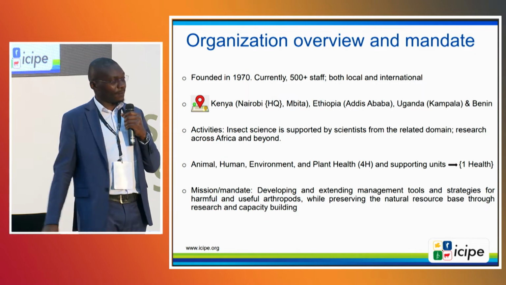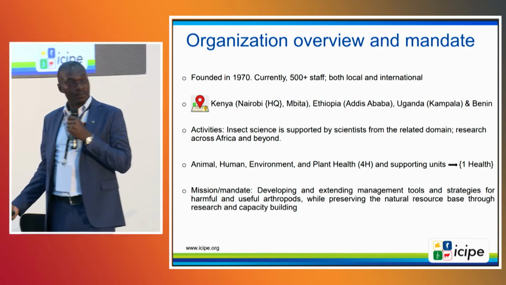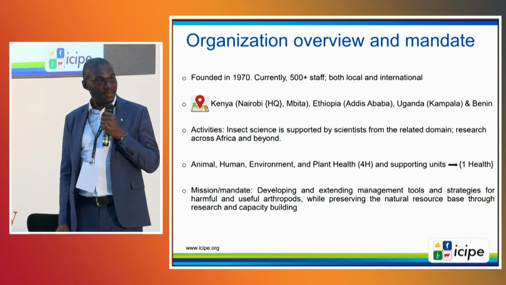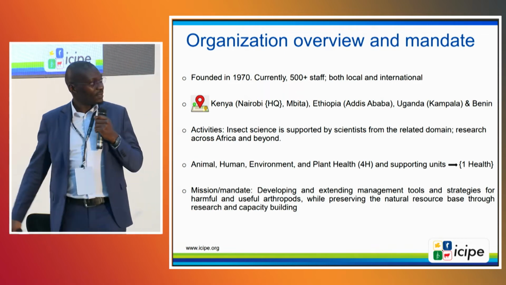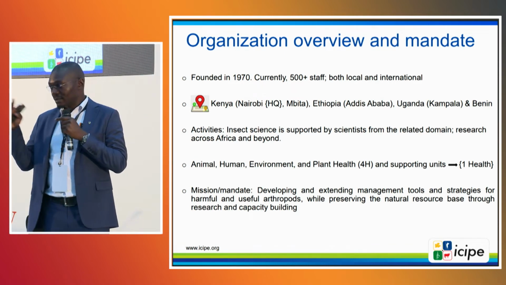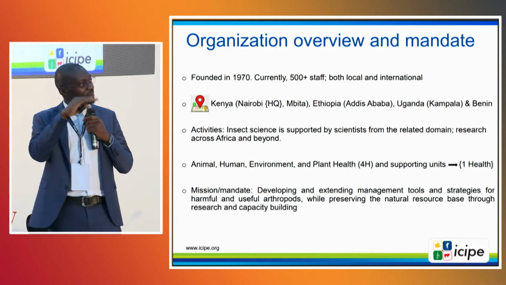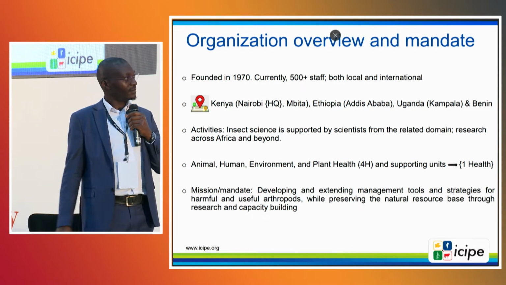We look at how they affect plants, like caterpillars and the fall armyworm that eat plants. All of this is looked at under one umbrella called One Health.